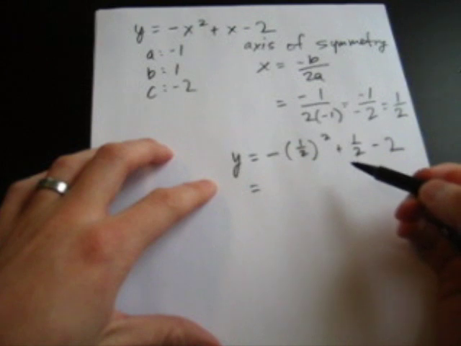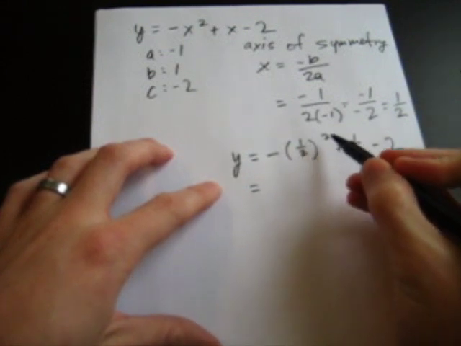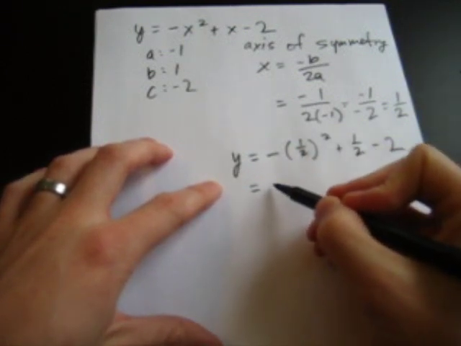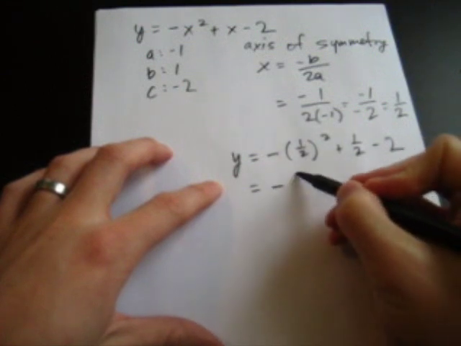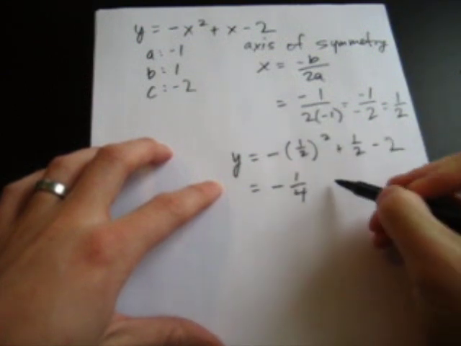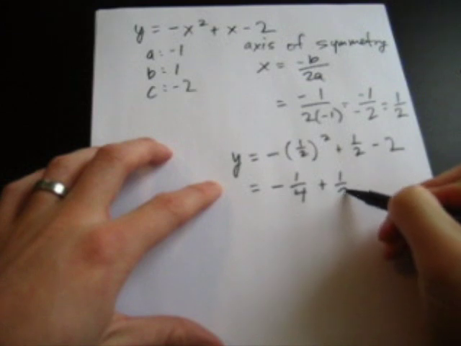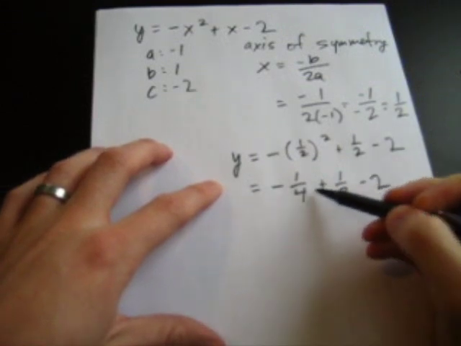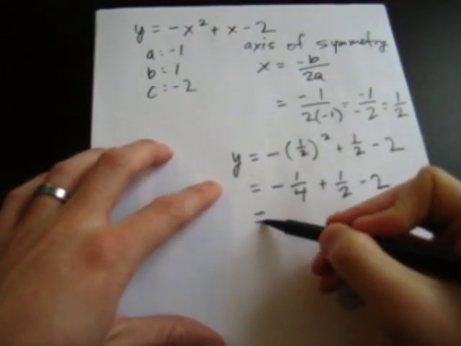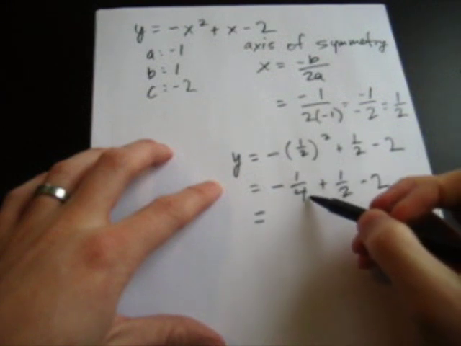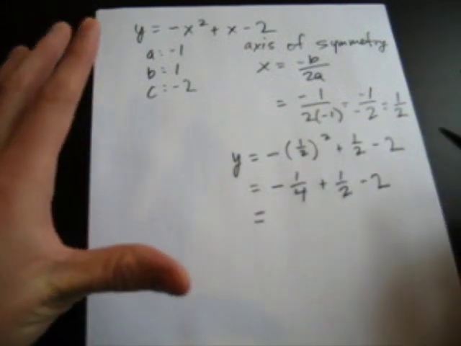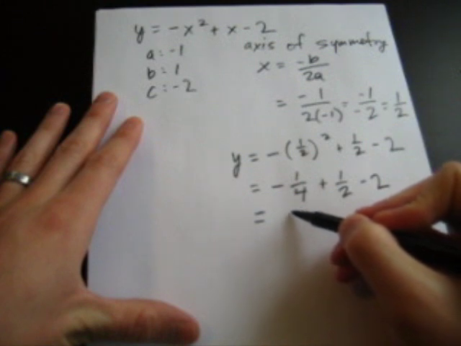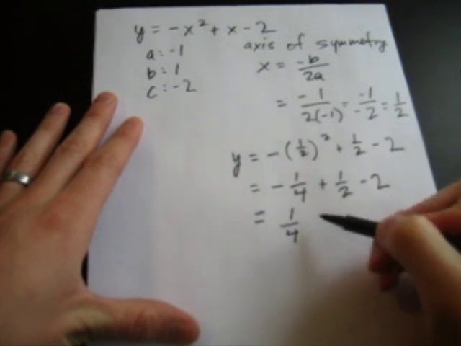Square first, following your rules of exponents. Half squared is not 1, it's actually half times half, which makes it 1/4 plus half minus 2. Last thing, put these all together. Negative 1/4 and a half is the same as half minus 1/4, or just 1/4.